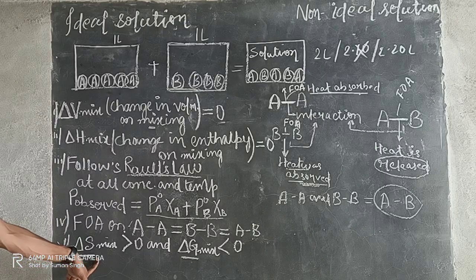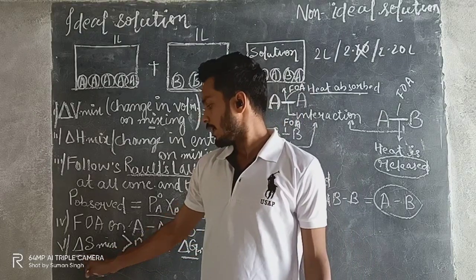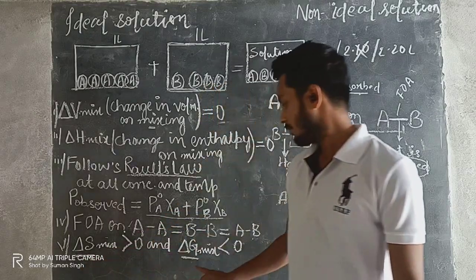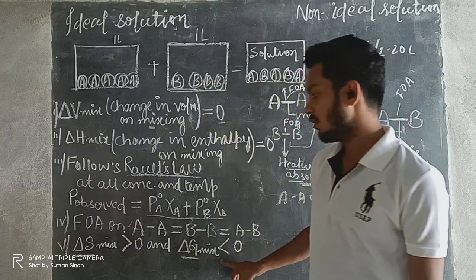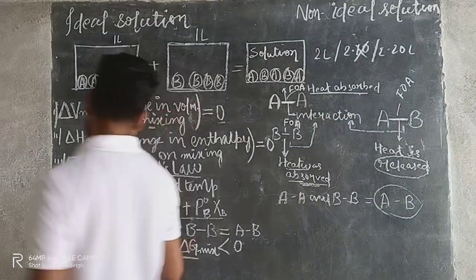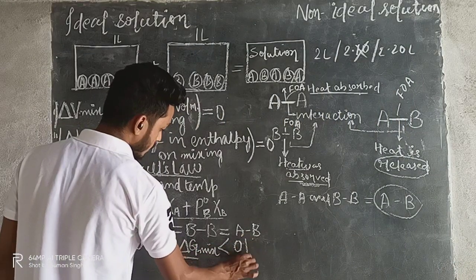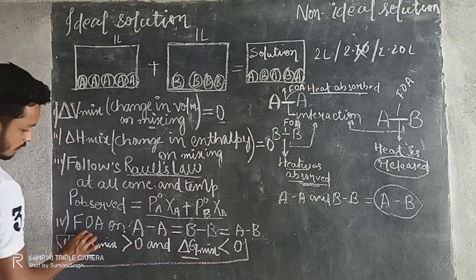Section A students will better know this. So del S mixing and del G mixing will be same for ideal as well as non-ideal solution. This last term will not change.